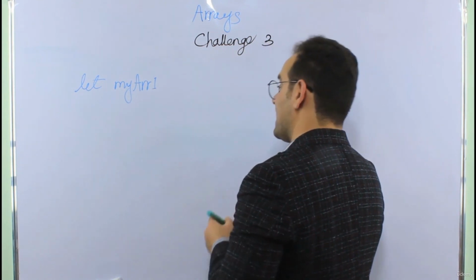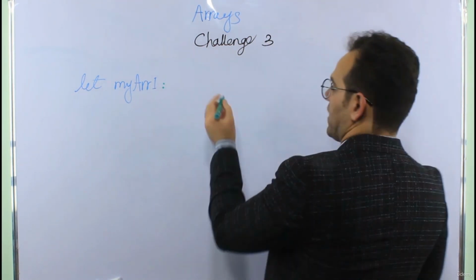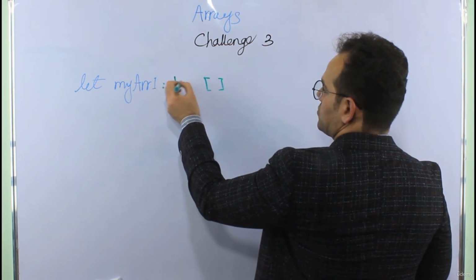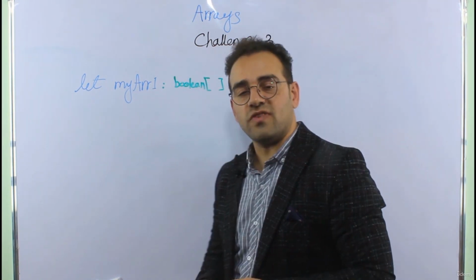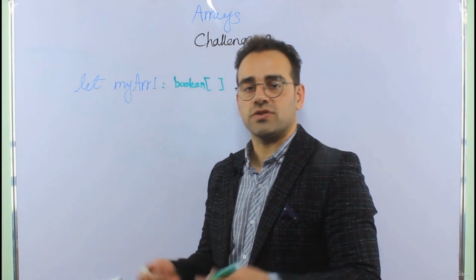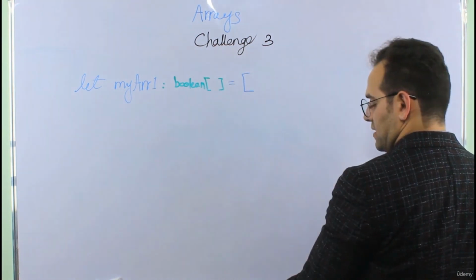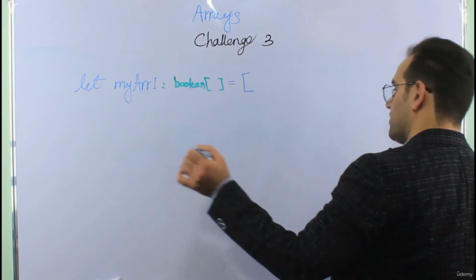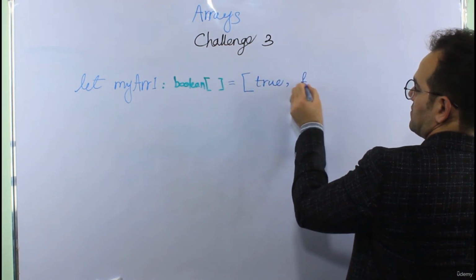This is the name of the array, and it is going to hold Boolean values. So it's going to be an array of Booleans. The only 2 values that this array is going to hold are going to be what? True and false. So I'm going to create the array, and then I'm going to say true and false.